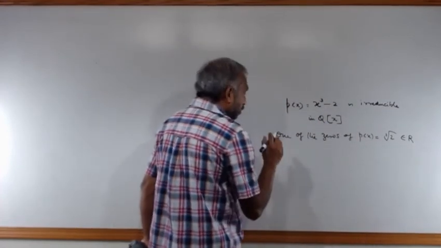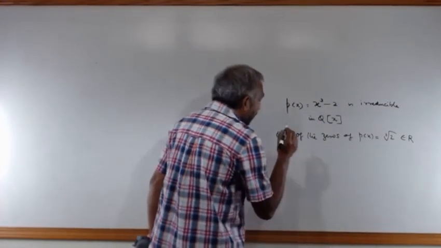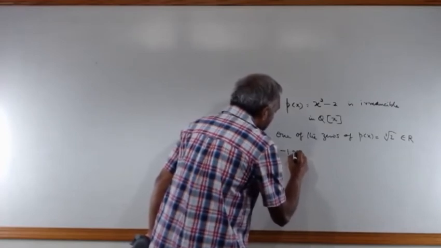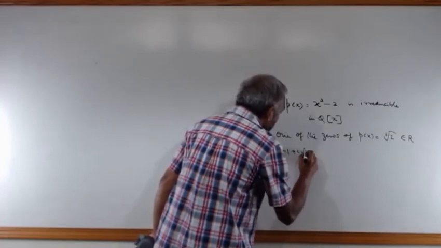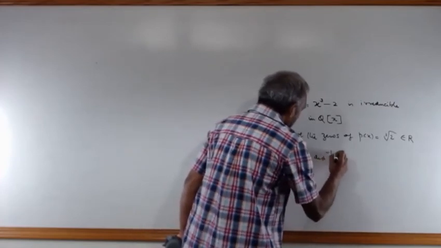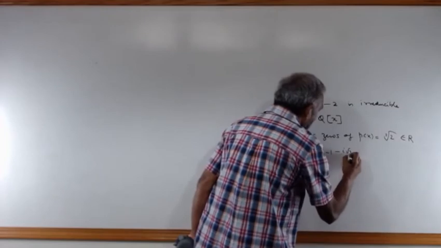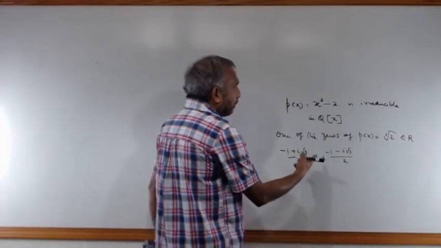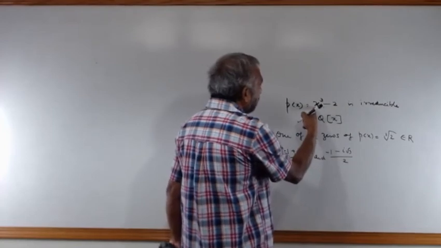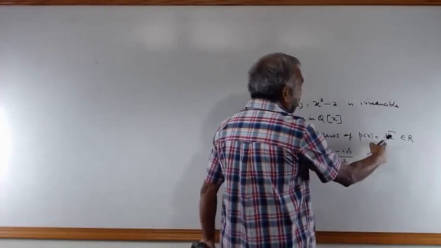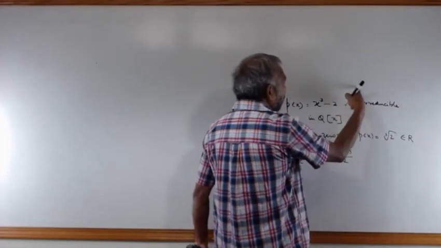There are 2 other complex roots. They are -1 plus i root 3 by 2 and -1 minus i root 3 by 2. You can find this by dividing x cube minus 2 by this, and you'll get a quadratic polynomial.